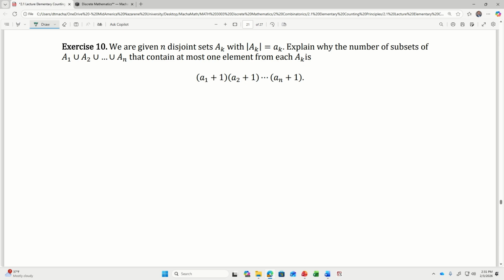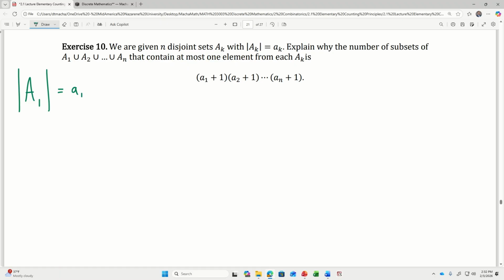We are given n disjoint sets, A subscript k, and a little bit of shorthand for the cardinality, or how many elements are going to be in these sets. We're going to say the set A1 has lowercase a1 number of elements, right?